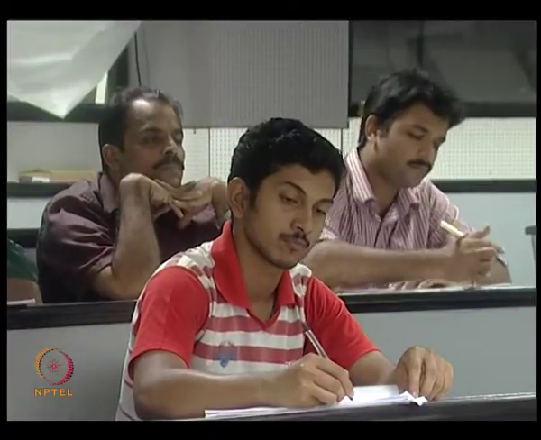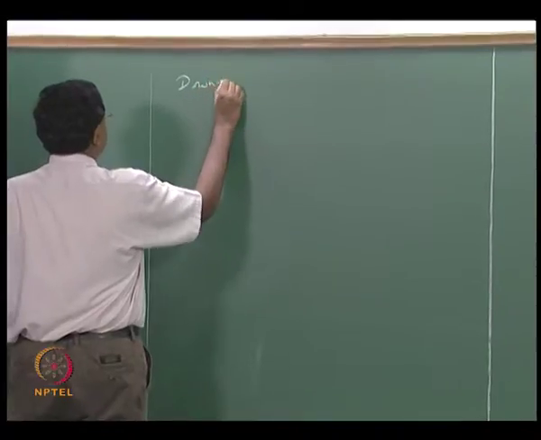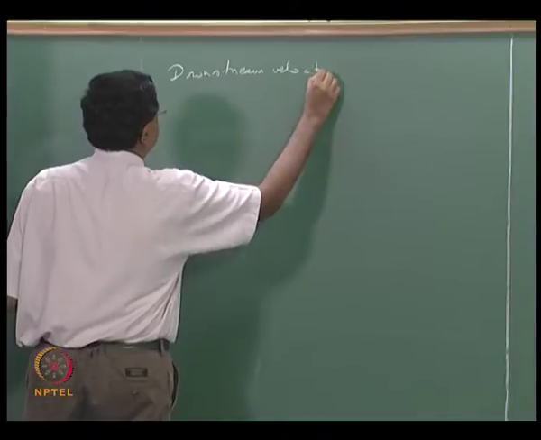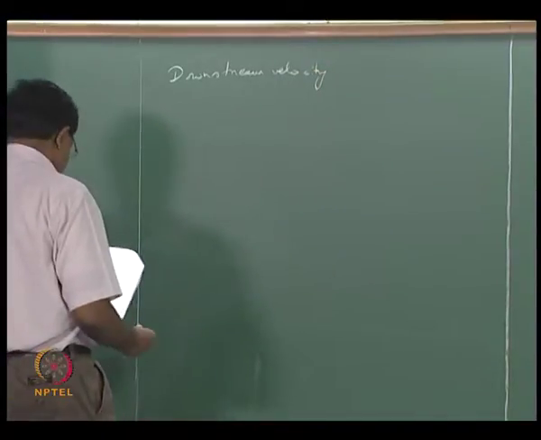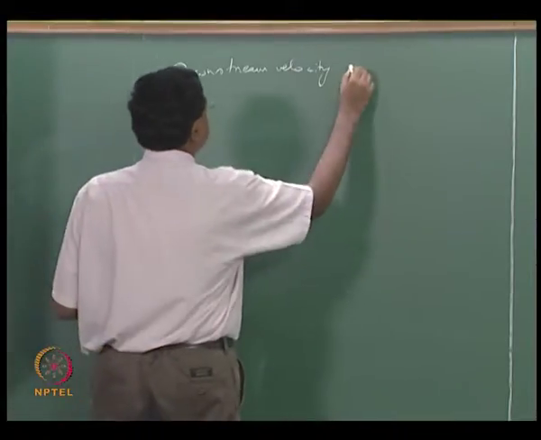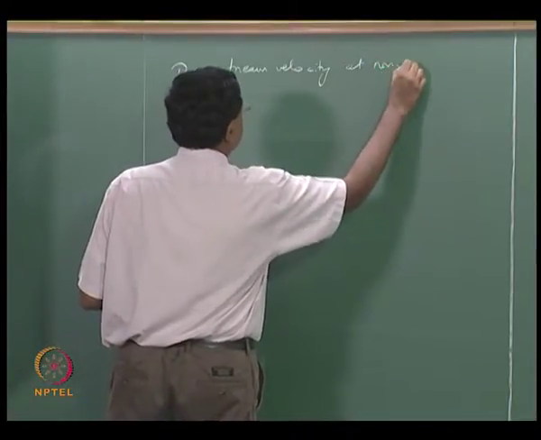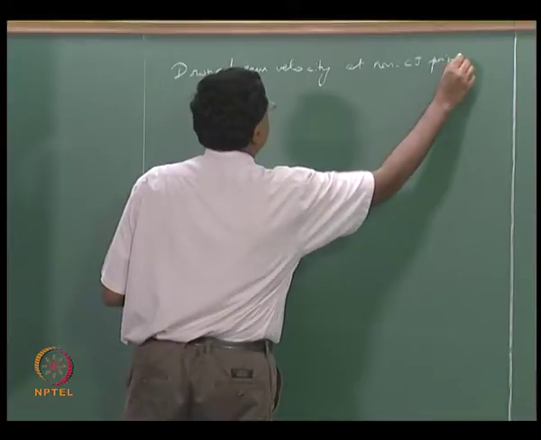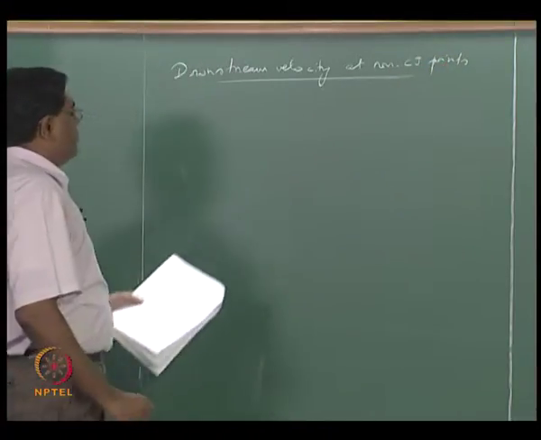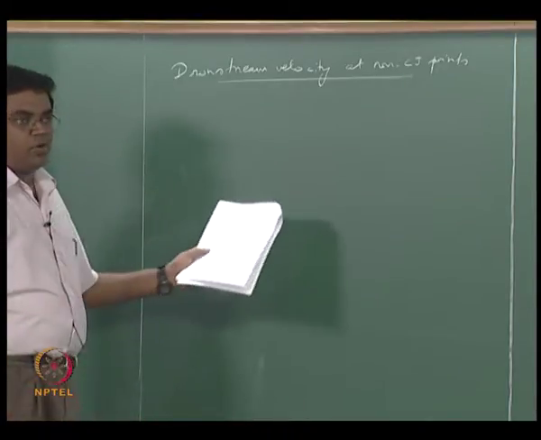So, downstream velocity at non-CJ points. Whatever we do also applies to the CJ points as well.